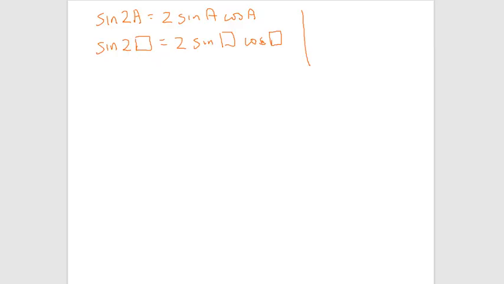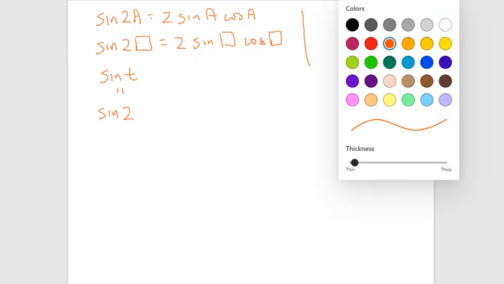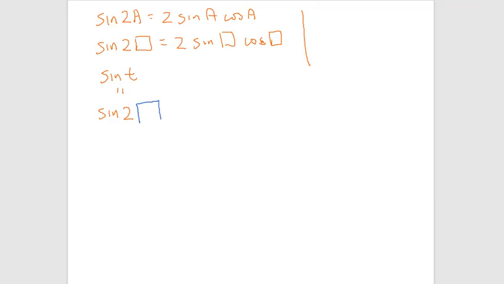So sine t, you take as sine 2 times t/2. You fill in t/2 inside the box.